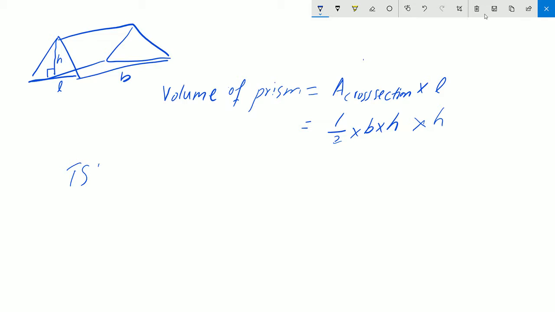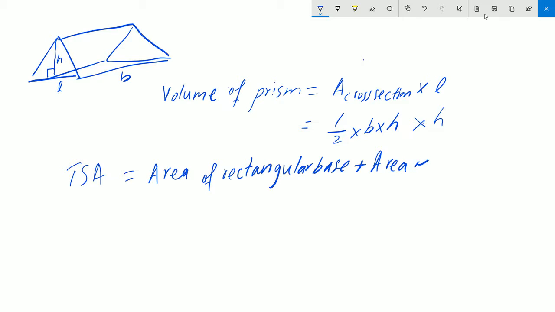For the total surface area of this solid, we're going to use the formula area of rectangular base, because the base is rectangular, and add that to the area of the two identical triangles on either side of that base.